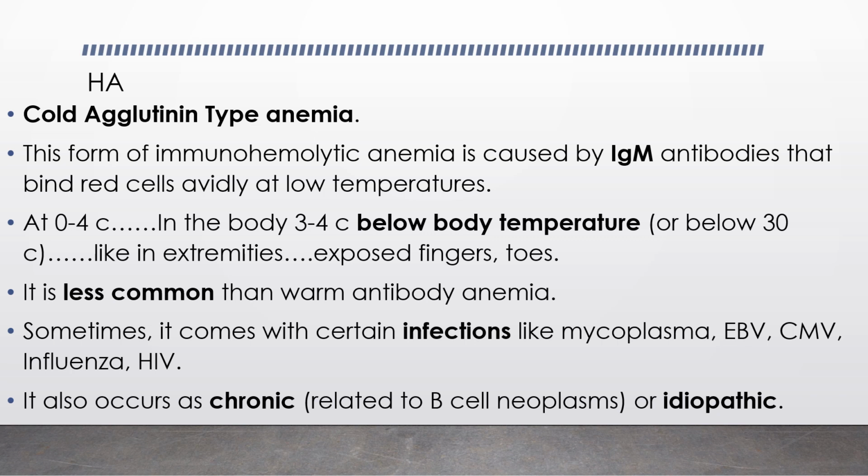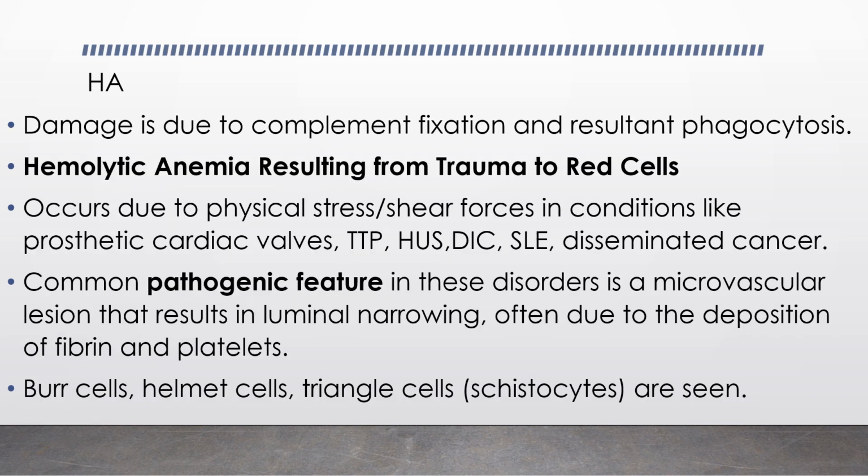Anemia may also occur related to B cell neoplasms. Well, they also cause anemias later on. Complement fixation with resultant phagocytosis. Here, complement is fixed in lower temperatures, okay, with IgM, and phagocytosis is seen. So that is about warm and cold.